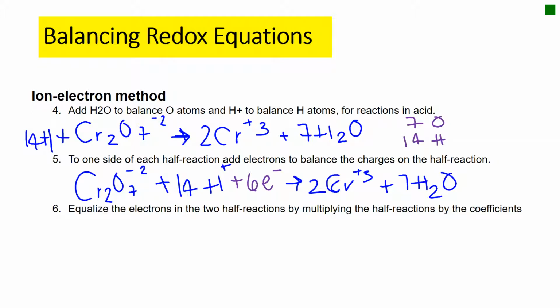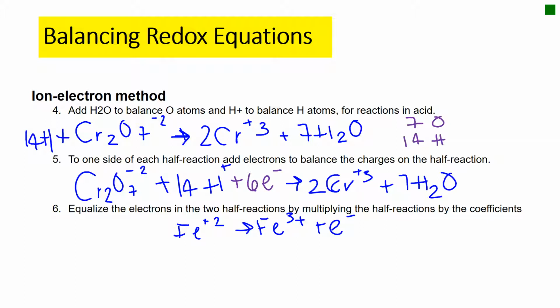Now our next step is to equalize the electrons in the half reactions by multiplying the half reactions by the coefficients. So originally we had this reduction reaction.